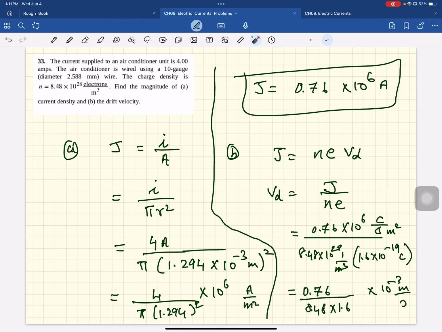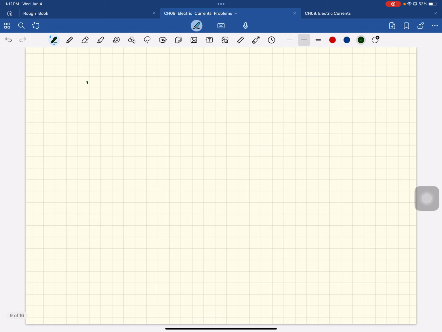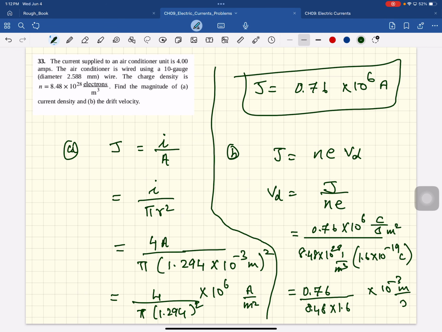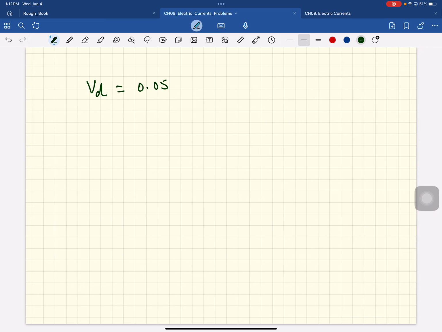So the drift velocity is, okay, 500th of a millimeter per second.